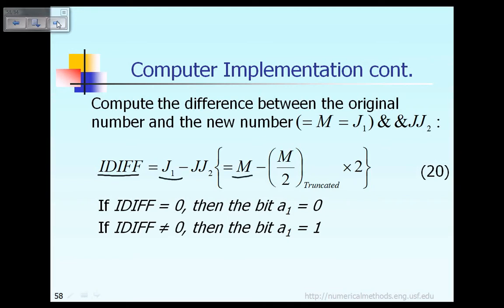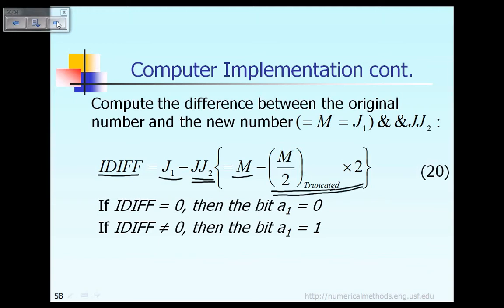Remember, J1 is the same thing as M. JJ2 is equal to the truncated number times 2, so JJ2 is equal to M over 2, truncated, times 2.